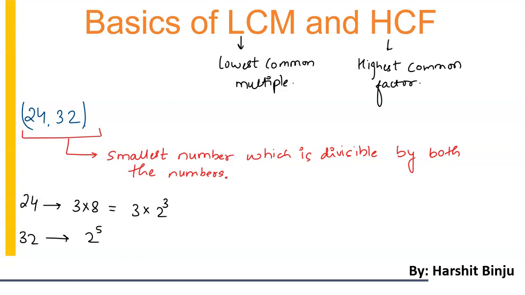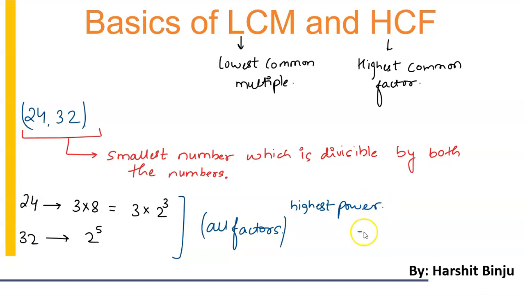Okay, now in case of LCM, what you have to do is take all the factors into consideration to their highest powers. The factors that we have are 2 and 3.